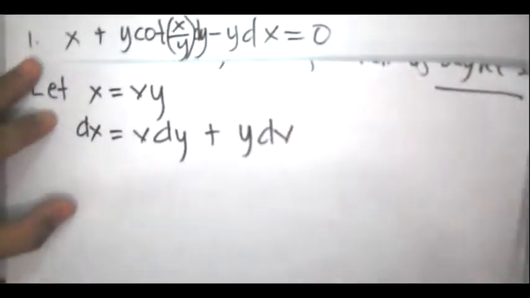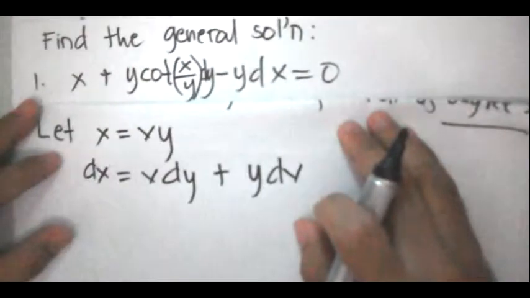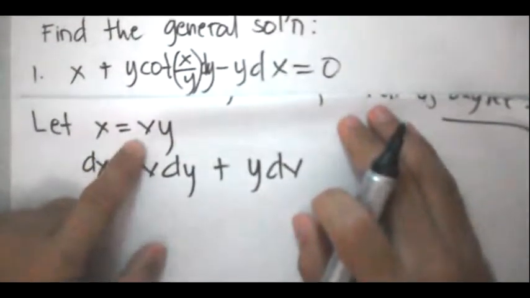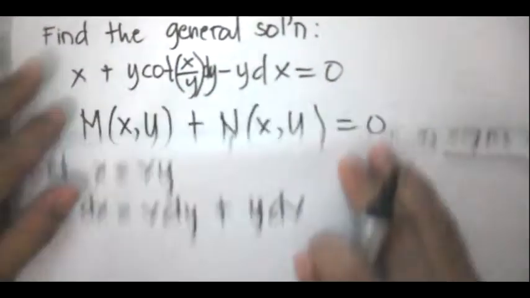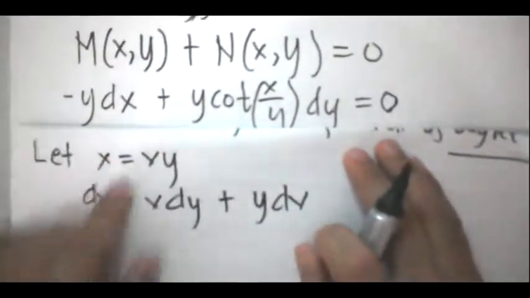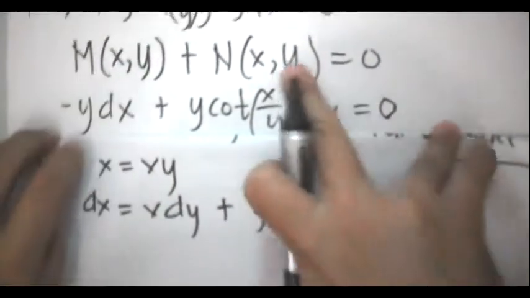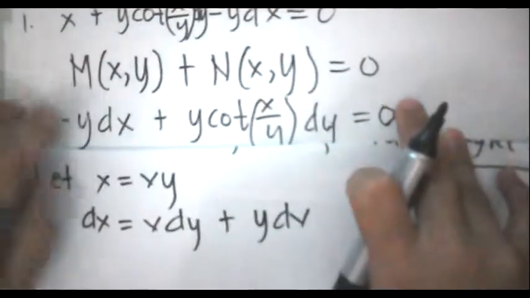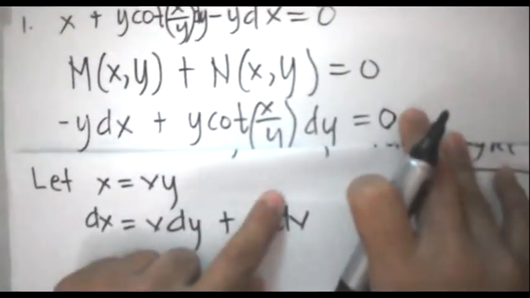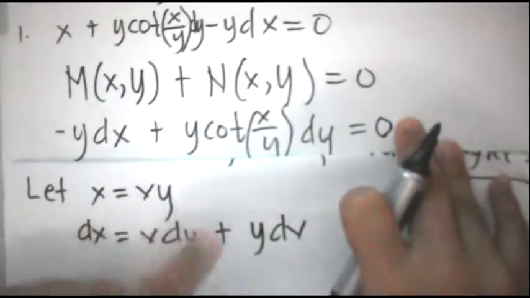This is the crucial thing in differential equations, the substitution of variables. We substitute x equals vy because M(x,y) is much simpler than N(x,y) here. If your N(x,y) is simpler than M(x,y), we let y equals ux.